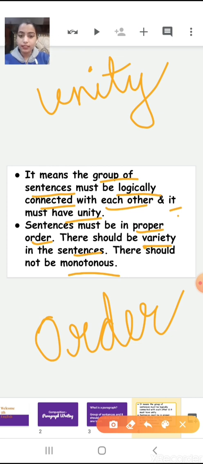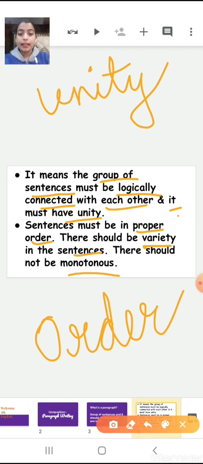Understood till here? How do we write the paragraph? First of all, we have to think about what topic is given to us and what points come to our mind on that topic. Then using those points we have to make different varieties of sentences. Then we have to see that all the sentences we have formed are logically connected with each other or not.